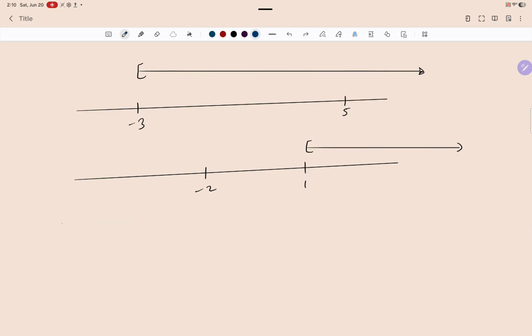Now, what if I take the same two inequalities, but this time I care about the or, in other words, the union. And you remember what that means. It just means to take them as is and just copy and paste them. So I'm going to draw the first one. Remember, it's copy and paste. And then I'm going to take the second one and copy and paste it, right?